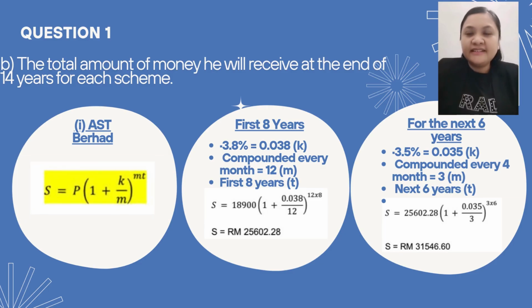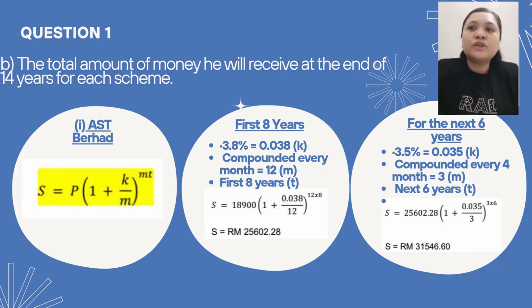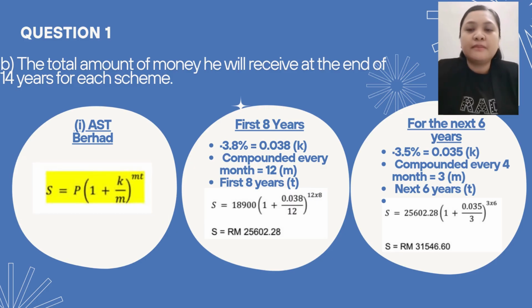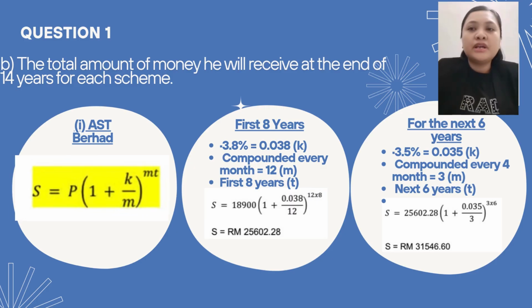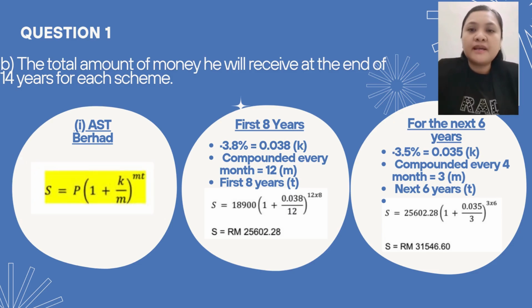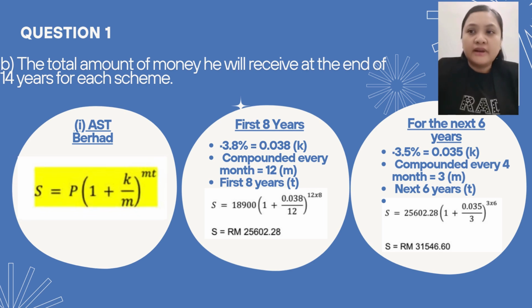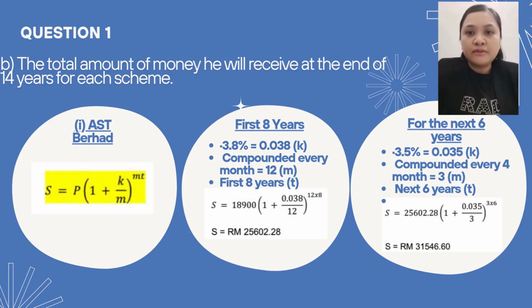Okay, now it's my turn for the question B. The total amount of money he will receive at the end of 14 years for each scheme, AST Berhad. The formula is S equal to P, bracket 1 plus K over M, bracket MT. For first 8 years, 3.8% equal to 0.038 rate, compounded every month, 12 months.